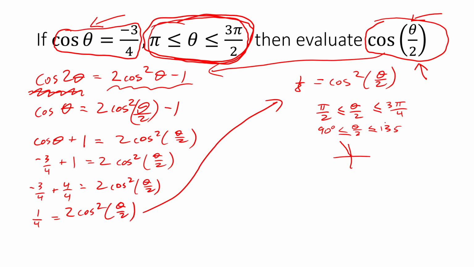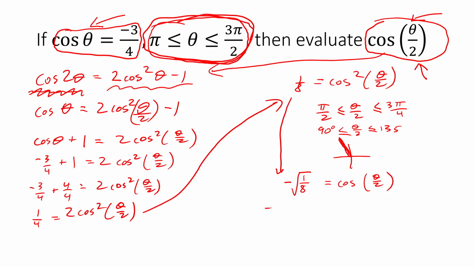Why is that important? Because I want to know whether the cos of that angle should be positive or negative. Well, the cosine of an angle in the second quadrant, to the left of the origin, will be negative. So that means I can say negative the square root of 1 over 8 will be equal to cos of theta over 2.